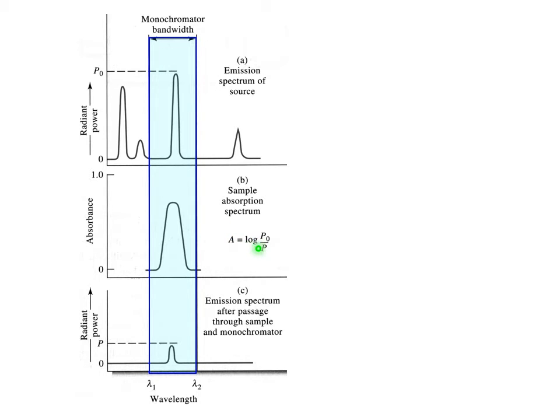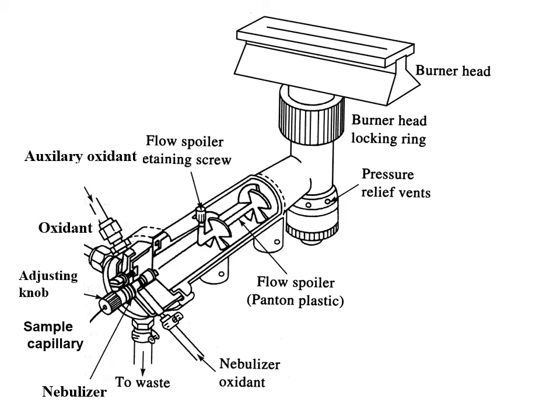Absorbance is the decimal log of P0 to P. So that is large P0, and that is much smaller P after absorption. So we have the usual absorbance, and that means we have Beer's law.